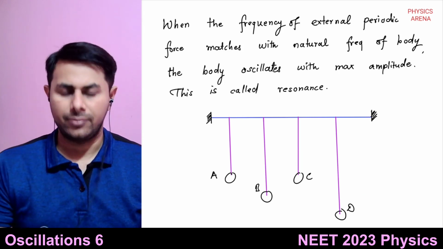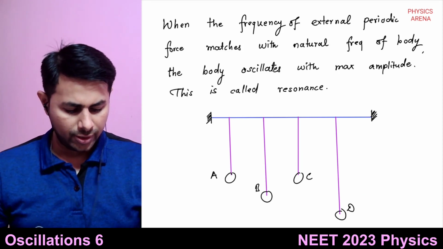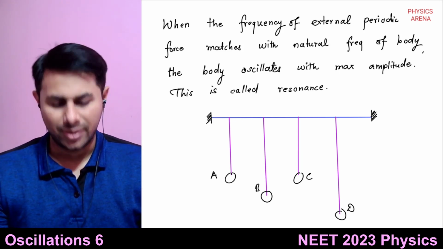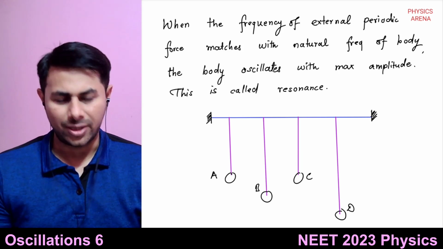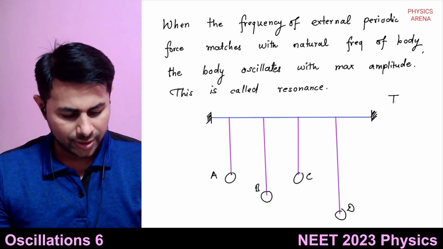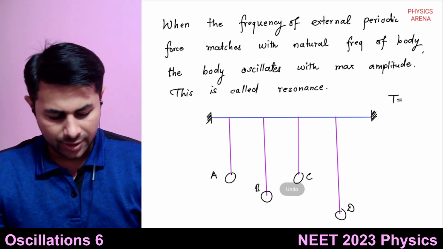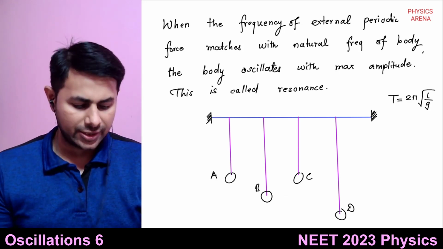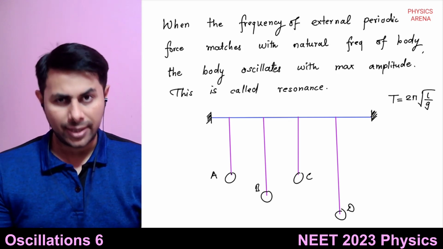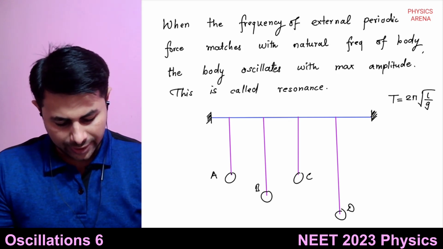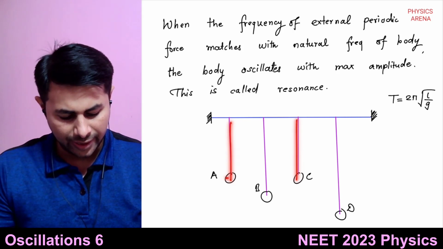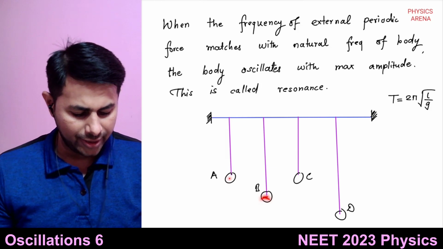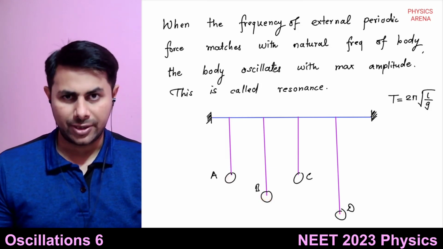Now we know that the frequency of oscillation of a pendulum depends on the length of the pendulum only. The time period of oscillation is 2 pi square root of L upon g. The frequency is 1 upon 2 pi square root of g upon L. So the natural frequency of oscillation of A and C is the same, but A and B, A and D are different.